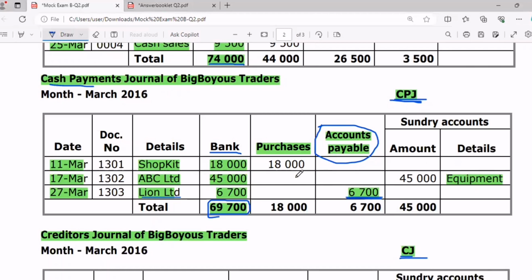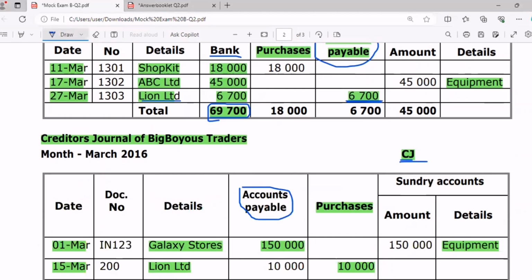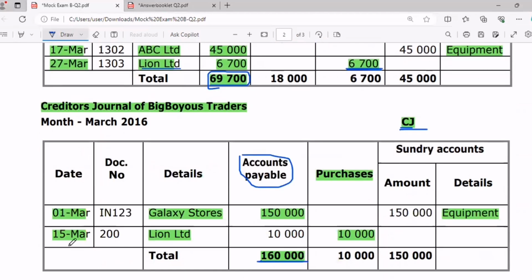One of the parties that we made the payment to is Lion Limited, which happens to be one of our suppliers or creditors. Remember, you can even check the date here. On the 15th of March, we can see that we went to Lion Limited to purchase these items. They are not specified.